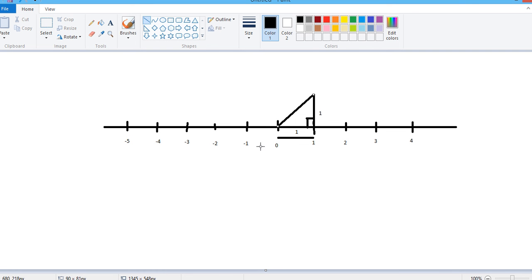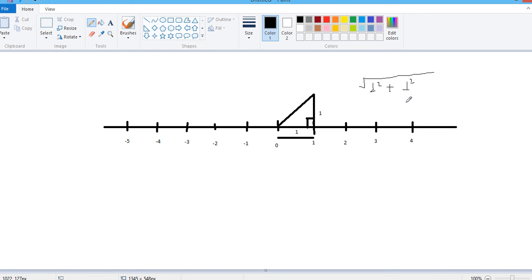So now this becomes a right angle triangle. This is 1, this is 1. So this will be root of 1 square and 1 square, right? So 1 square means 1, and 1 square means 1.